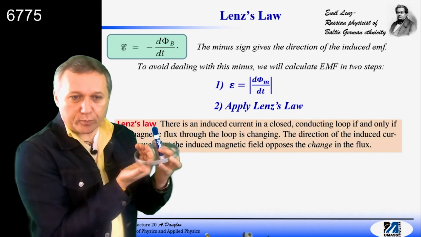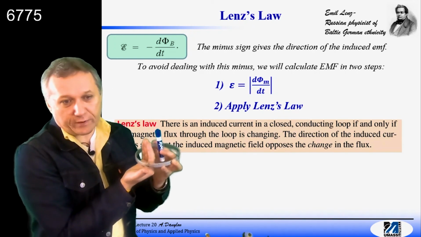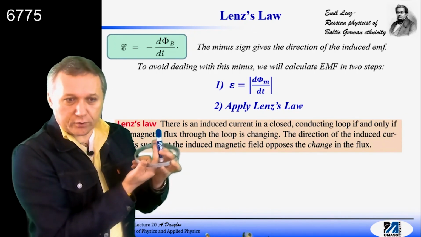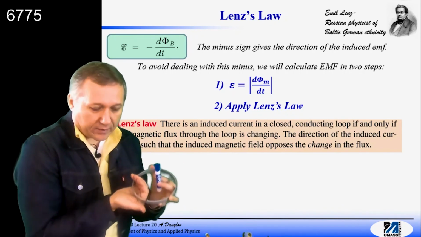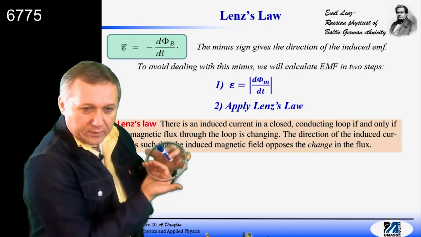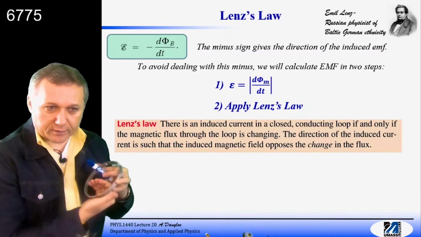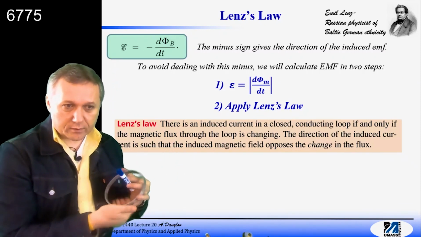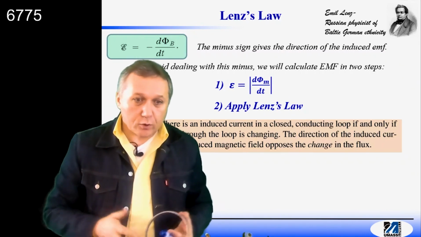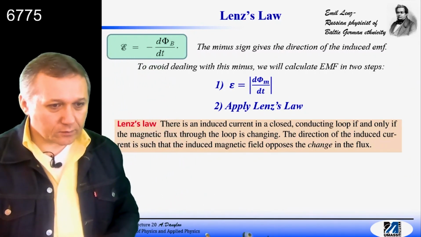So within the loop, the directions of my fingers must match the direction of the induced magnetic field. And then my outstretched thumb gives me the correct direction for the induced current, clockwise or counterclockwise. So that's Lenz's rule.